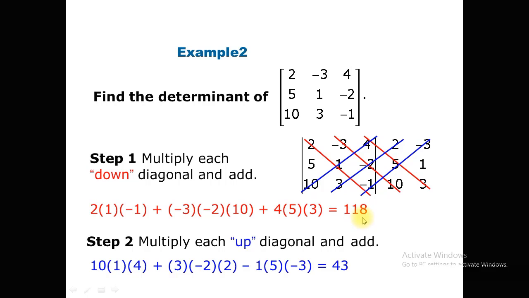So again multiply the up diagonal entries, which are represented by blue color. So multiply these diagonal entries, 10 1 4 plus 3 minus 2 2, and then minus 1 5 minus 3, and then add. Multiply these results and then add, we get 43.